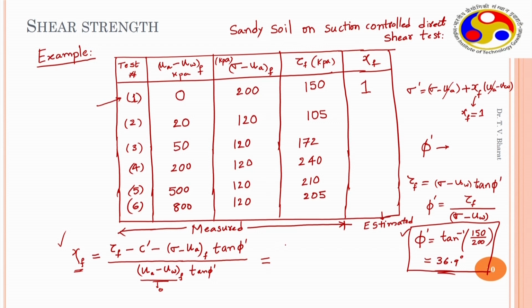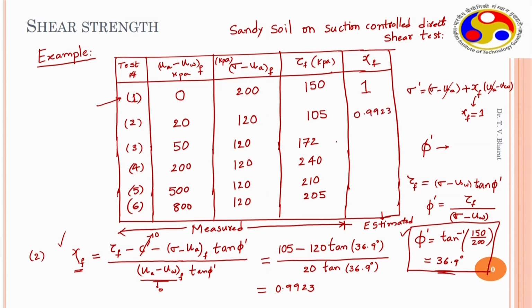So, for one particular data, that is the second test, tau_f is 105, minus c dash is not there, this is sand, and sigma minus u_a is 120 tan 36.9 degrees divided by u minus u_w is 2 at failure tan 36.9 degrees. So, this is equal to 0.9923.